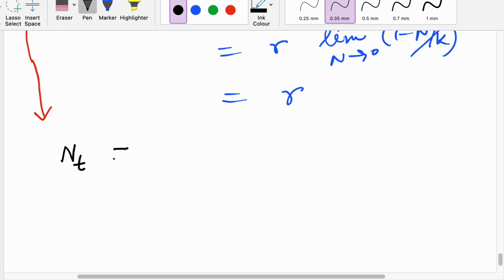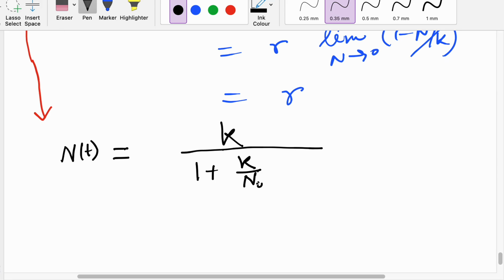So that will look like n at t. This is my prediction. So n at t will be the carrying capacity k by 1 plus k by n0 minus 1, e to the power minus rt.